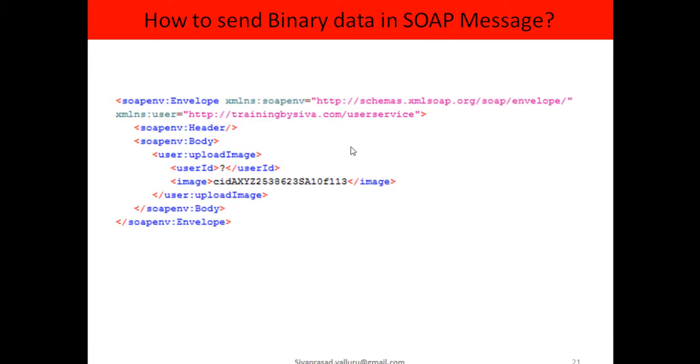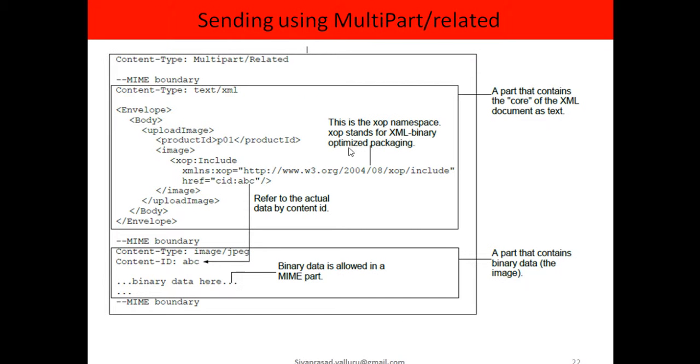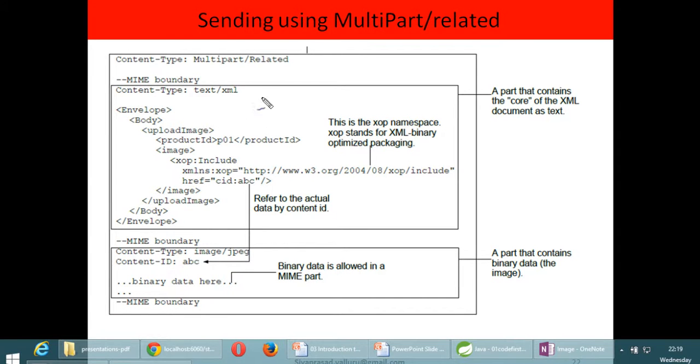The other alternative is, if you are using any transport protocol, let's say HTTP, you can send a multi-part request in HTTP. How? See, this is how the HTTP request will look like. Now, the HTTP content type is multipart/related.